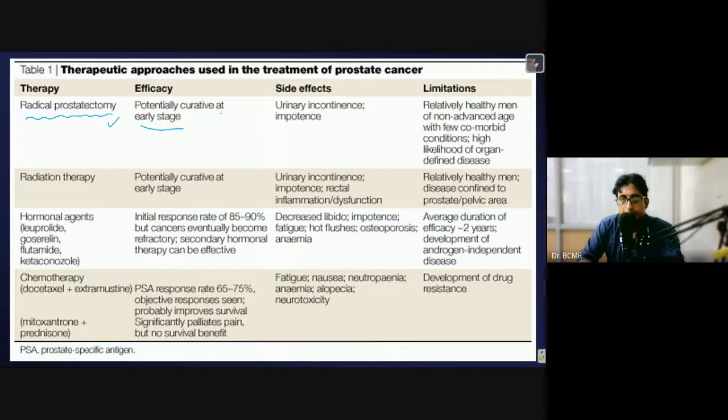As we discussed, the prostate gland is non-essential, so the person may not have big issues except for some urinary inconsistency and impotence. As I said, the prostatic fluid is important for sperm survival or longevity, so storage or shelf life in the seminal vesicles could be very short. But otherwise, the person can lead a very normal life.